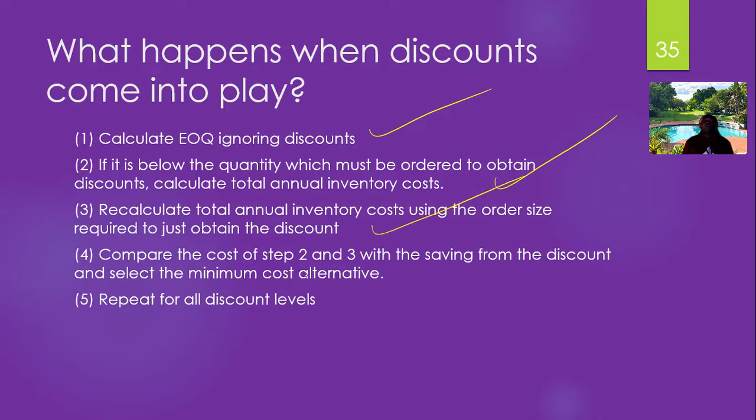Then compare the costs of steps 2 and 3 with the saving from the discount and select the minimum cost alternative. Sometimes you might be given a discount, but you discover that there was no actual saving. So you need to evaluate the cost versus the benefit of each option. Then repeat for all discount levels.